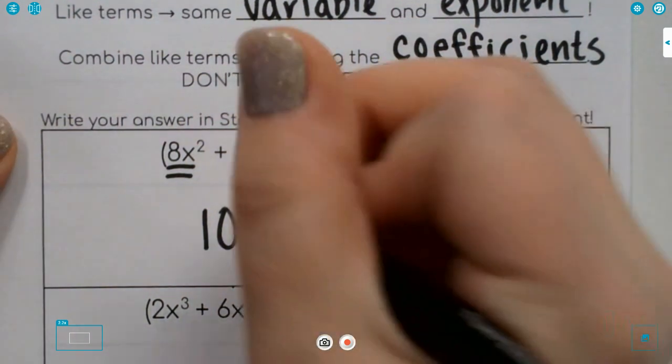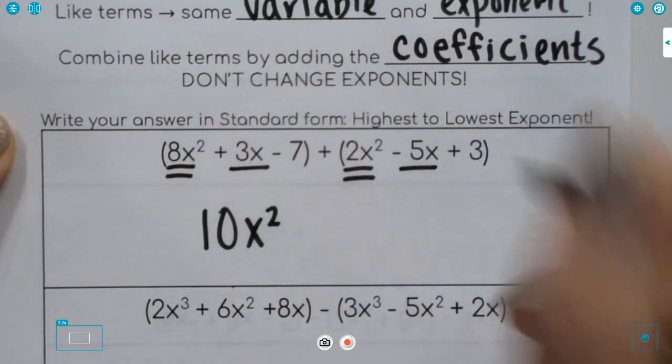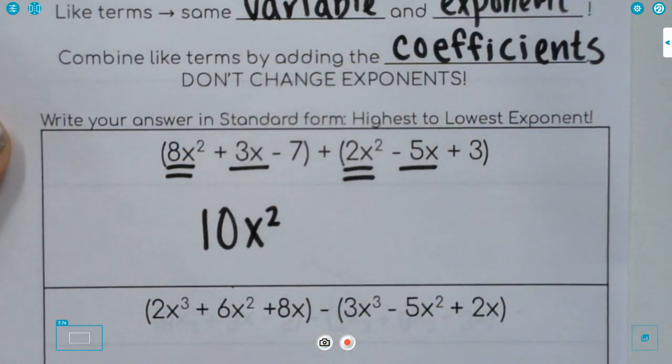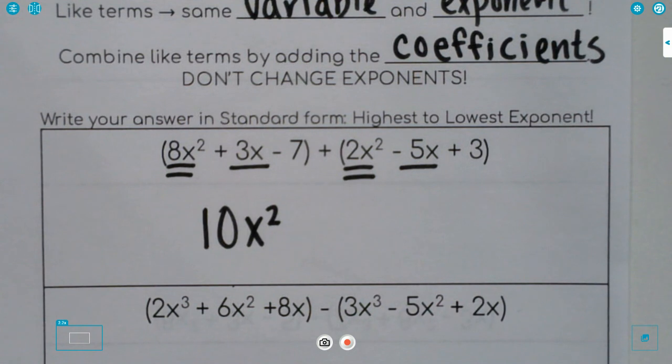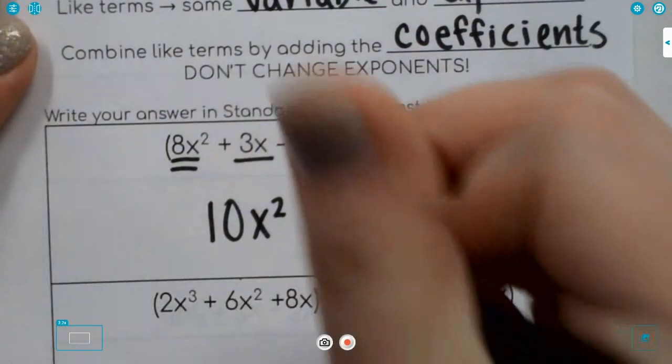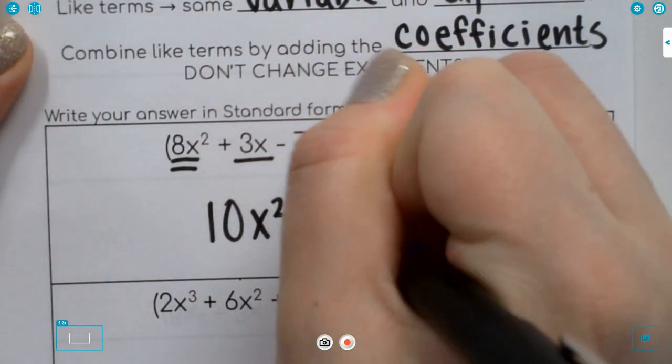Okay, this next one, we've got 3x and negative 5x. We can add those together. So we can think about it as 3 plus negative 5, or we can think about it as 3 minus 5 is probably easier. 3 minus 5 is negative 2x.